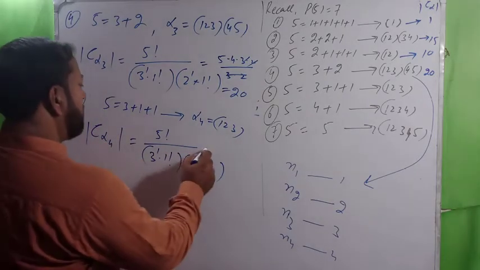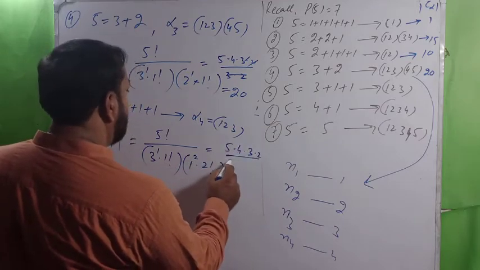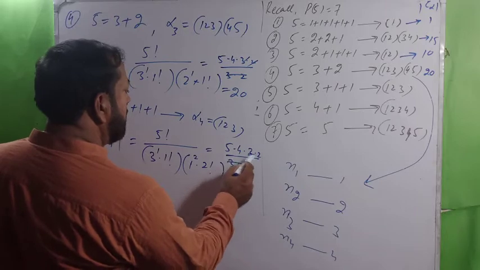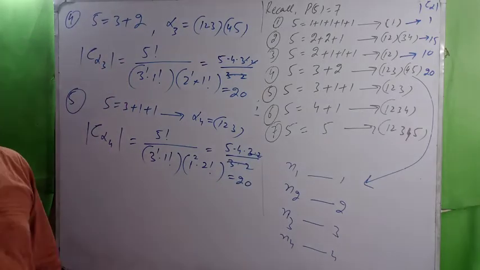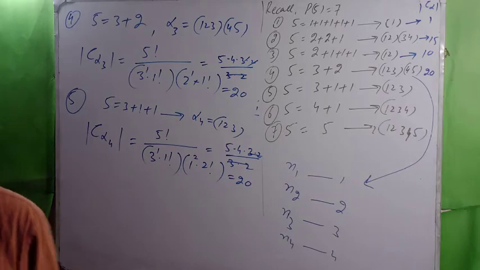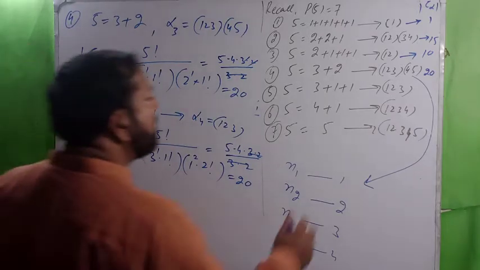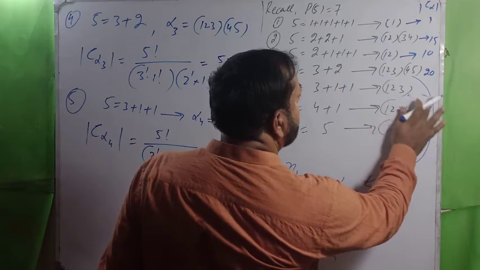So this is equal to 5, 4, 3, 2 over 3, 2. These are cancelled. Once again 20. See, again you have 20 elements. So the class corresponding to this permutation contains 20 elements.